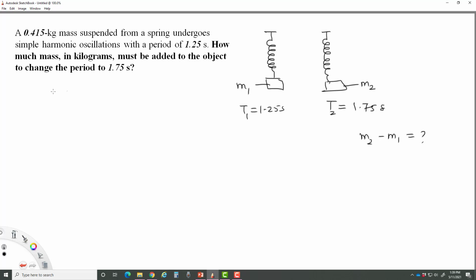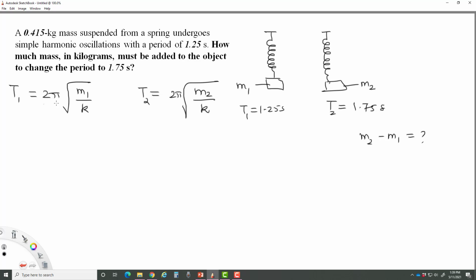For the first one we can write T1 is equal to 2 pi square root of m1 over k. The spring is the same, it doesn't say we are using different springs, so we can just use the same spring constant k. For T2 it's 2 pi square root of m2 over k.